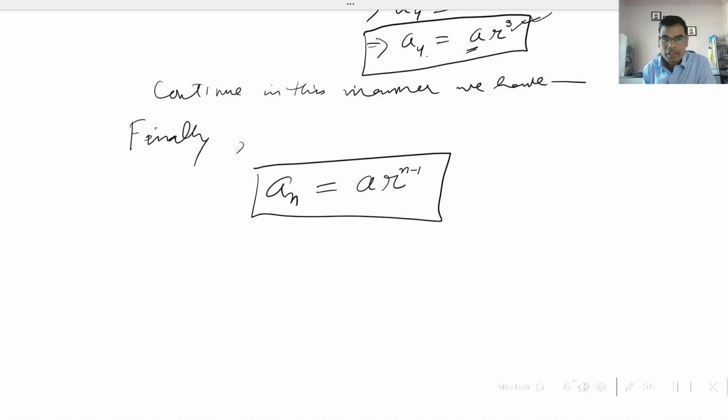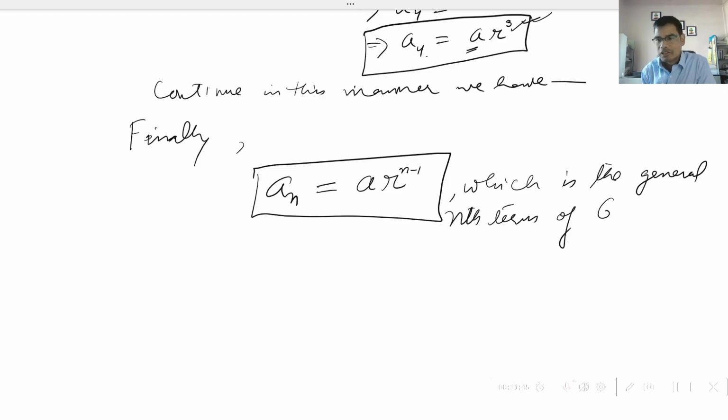So this is the general nth term of a GP. This is the first formula, which helps us to find any term of a GP, provided we know the first term a and the common ratio.